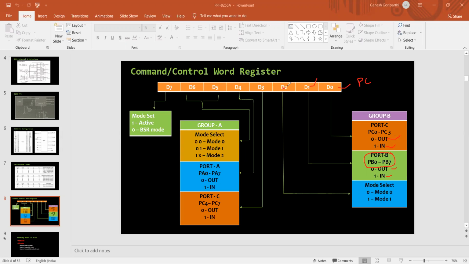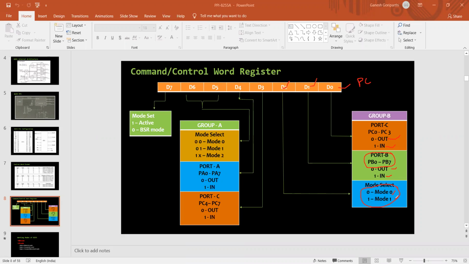And D2. This particular bit controls the mode, mode 0 and mode 1. If it is 0, then it operates in mode 0. If it is 1, then it operates in mode 1. We will see what mode 0 and mode 1 are, what the different modes are, later.